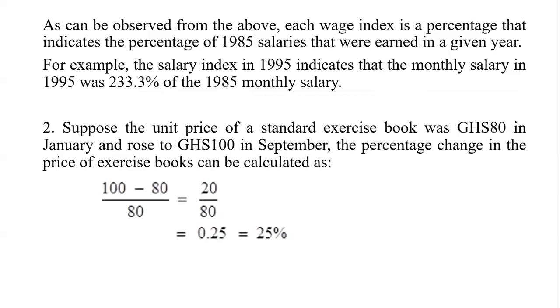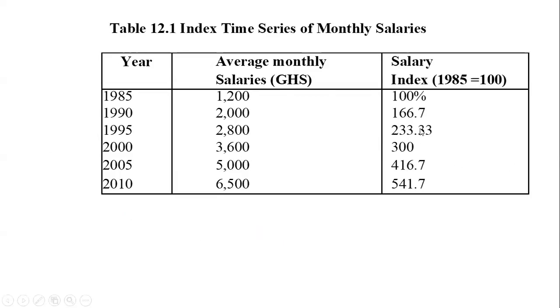So for example, as I've already explained, the salary index in 1995 indicates that the monthly salary in 1995 was 233.3% of the 1985 monthly salary. So that is what I have explained. Right?